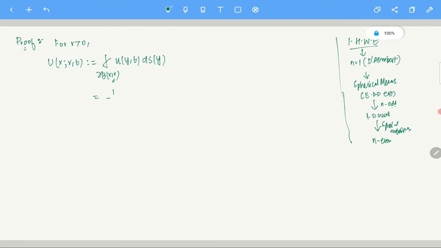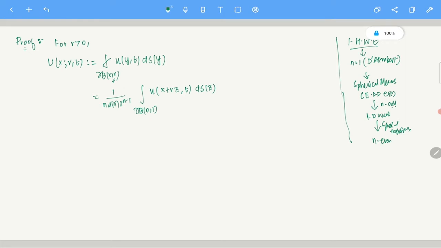So this is 1 by n alpha n r power n minus 1. If you just write down the average here, alpha n is the volume of the unit ball. So this times the integral over del B(0,1), if you write it like this, of u(x plus rz, t) dS(z). I am not explaining every single detail, because we already did this calculation. It's just a change of variable.